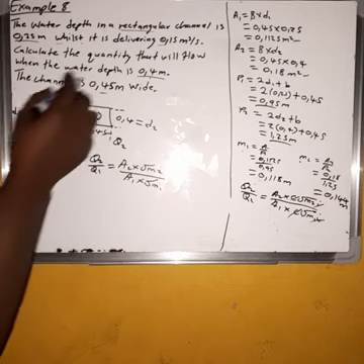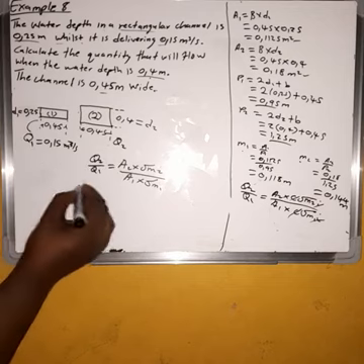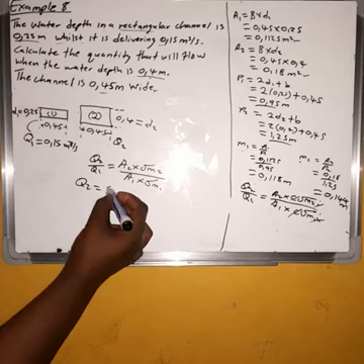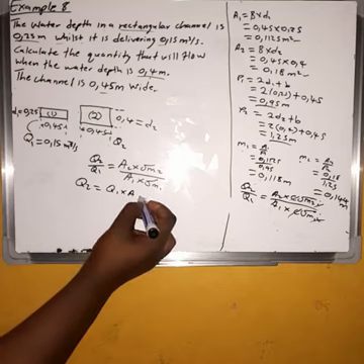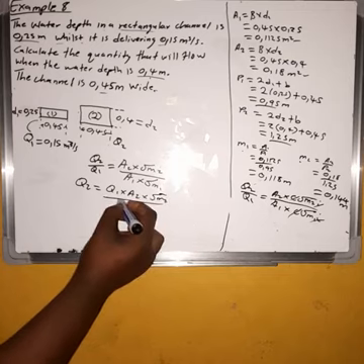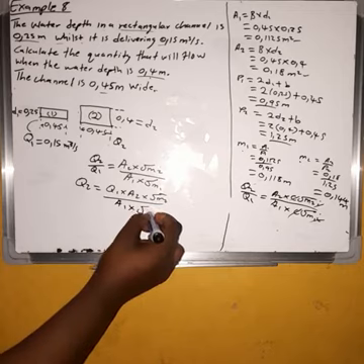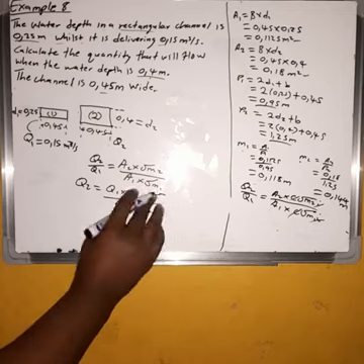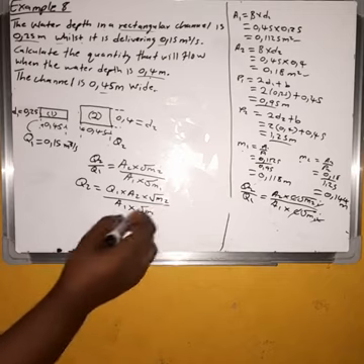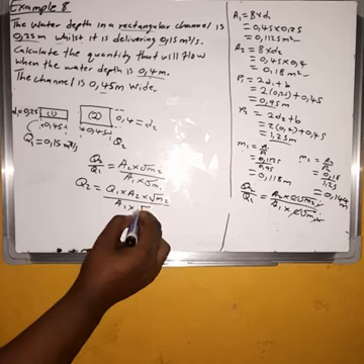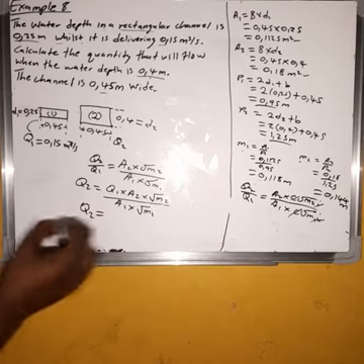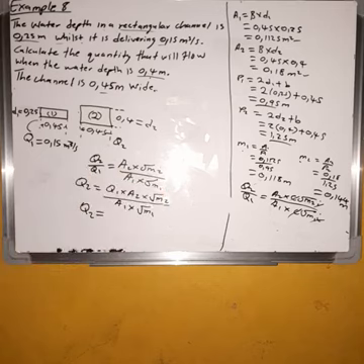We want Q2 as the subject. Q2 will be Q1 multiplied by area 2 multiplied by the square root of M2 over area 1 multiplied by the square root of M1, right? We have this. Now let's substitute.